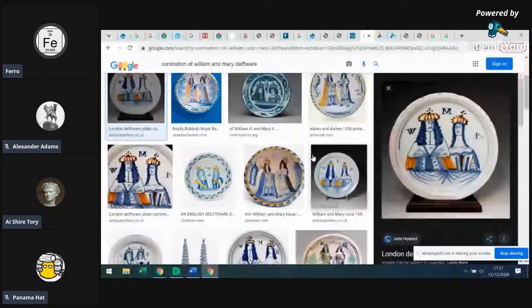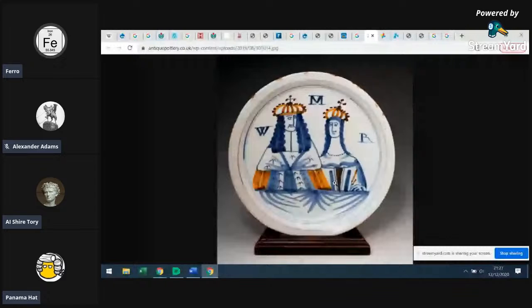There's an entire genre of painting around ceramic ware for William and Mary in the Delft style. But what's hilarious is that it's all done by English people, so the quality of painting is absolutely terrible. But I find there's a real vernacular charm to the whole ware.